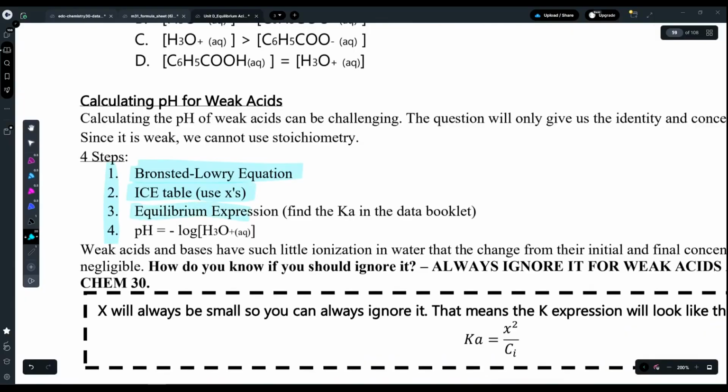We're going to write an equilibrium law expression, and for this we're going to use the Ka value in the data booklet for the weak acid that's being talked about in the question.